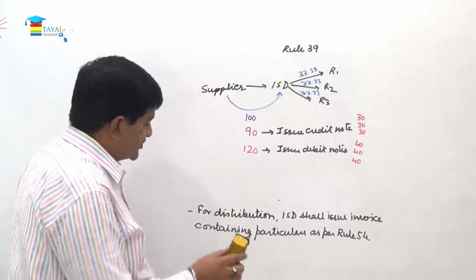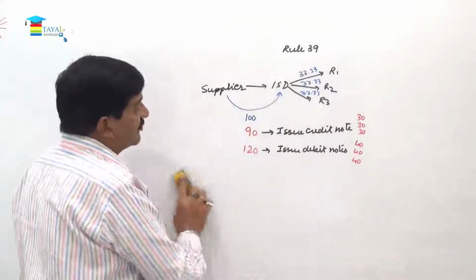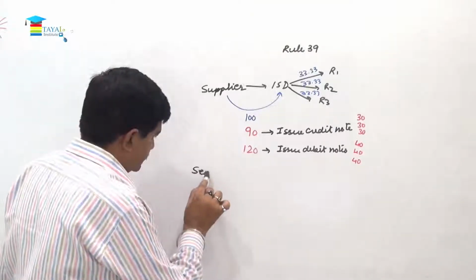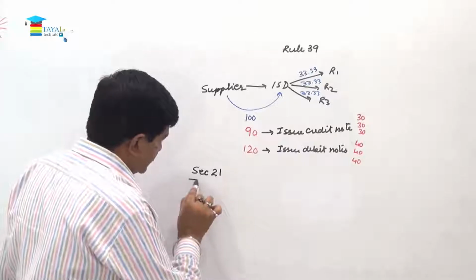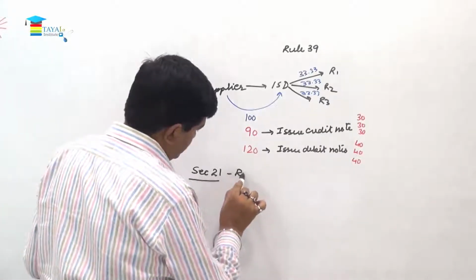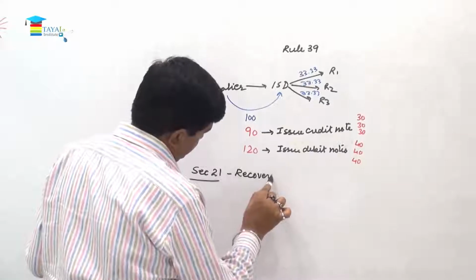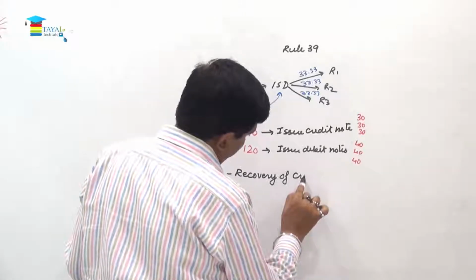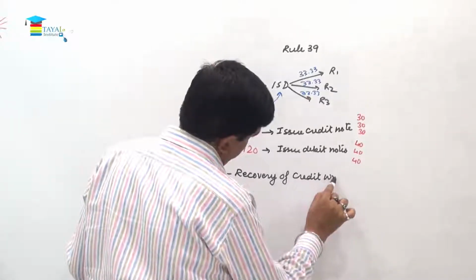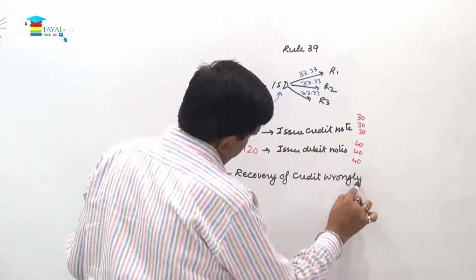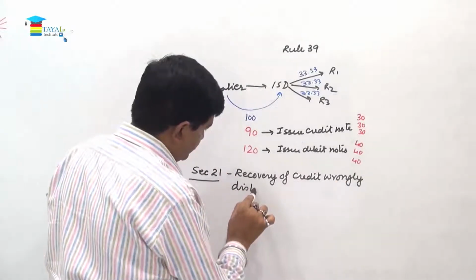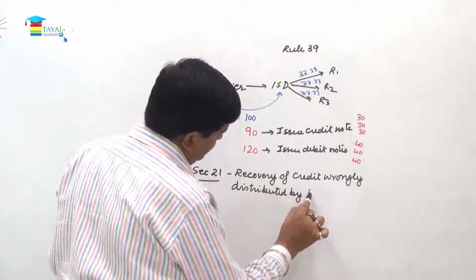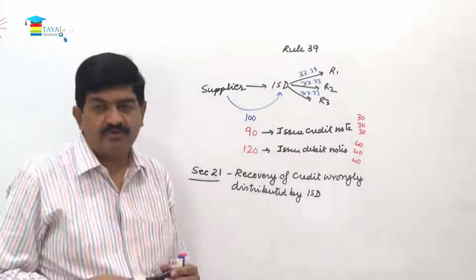Okay, now coming to section 21, that is something very, very small. Section 21 is talking about recovery of credit wrongly distributed by input service distributor.